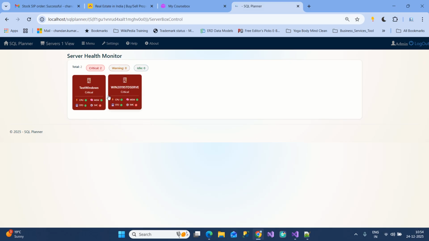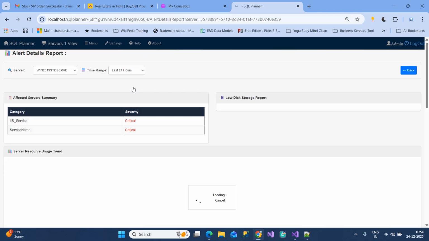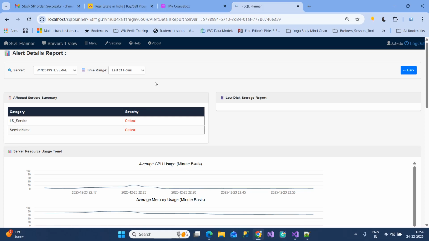When you want to get into the detail of a server to understand what went wrong there, you simply click over there, and in a nutshell, over on top you see these two areas had the problem.